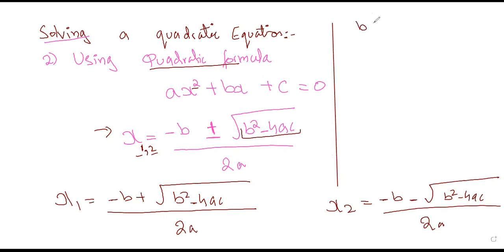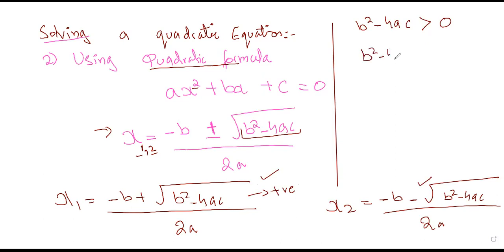If this discriminant, that is b square minus 4ac, is greater than 0, it means that under the root we will have a positive number. There's no problem, we will get x1 from here and x2 from here. So this is what we usually expect.